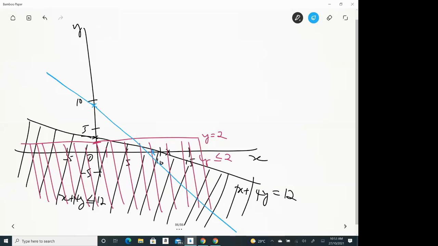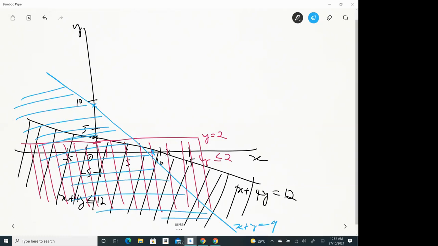So it should be here though. That is x plus y equal to 9. You want less than, should be here. Now where is the feasible region?